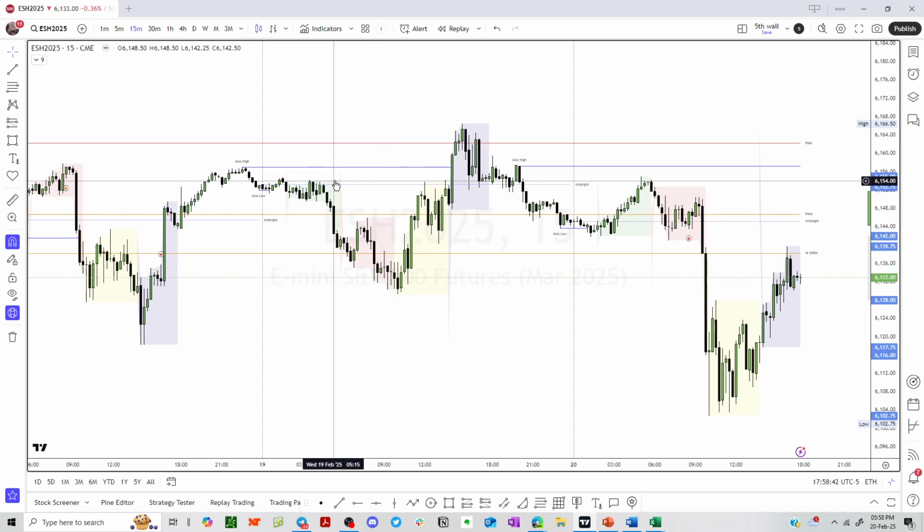The London high is part of this candle, right? The London low, the PM session low and high is part of the purple candle, and the AM session high and low essentially is part of this 10 to 4 a.m. candle.